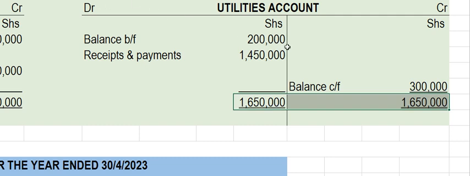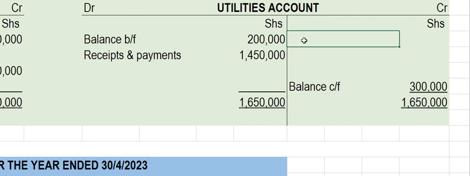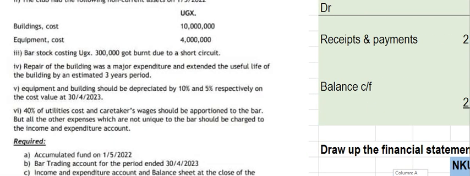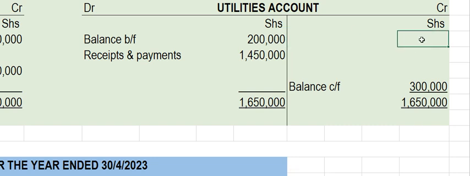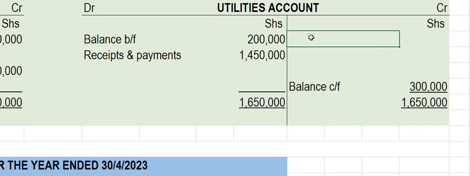But now, according to the additional information, we have been told that 40% of the utilities and caretakers' wages should be apportioned to the bar. So utilities, we are going to split them. There is what will go to the bar trading account, and that is 40%.